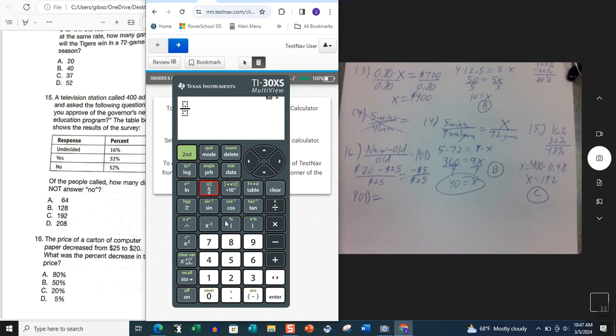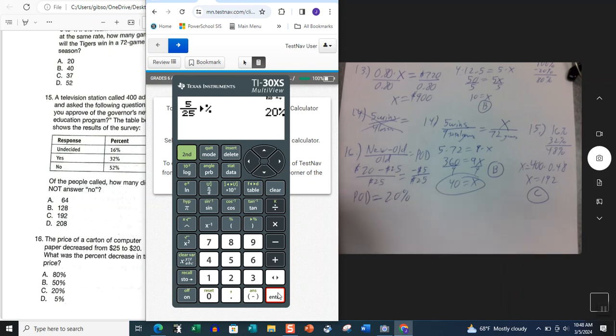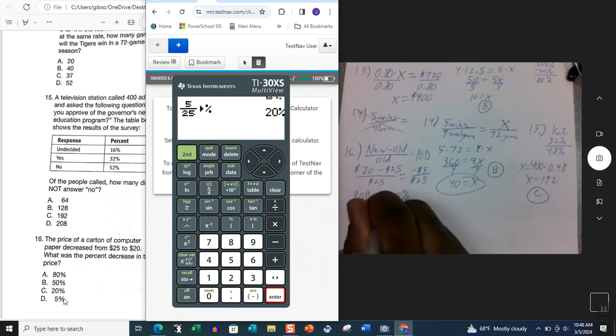So we hit the fraction key. We have 5, down arrow 25, hit the right arrow, hit second, close parentheses, press enter. So your answer here would be 20%. So the percent of decrease is 20%, which is C.